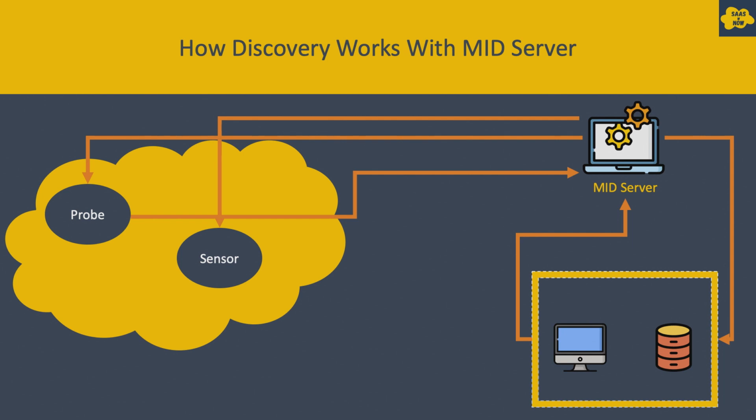If a job exists in the ECC queue for that MID server, then the MID server says to the instance, hey, I'm going to work on this. The MID server processes the request as per the probe and then reports back to the ECC queue with the results. And now this information which was collected is processed by sensors.